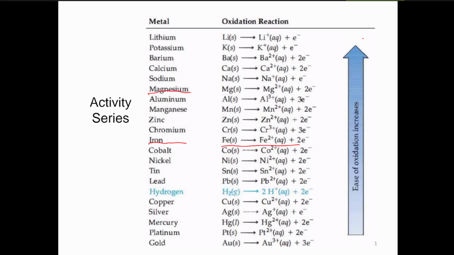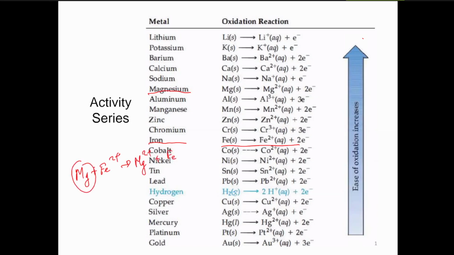Basically, magnesium has higher activity to be oxidized than iron. So the tendency of reaction will be magnesium plus iron 2 plus, giving magnesium 2 plus and iron.